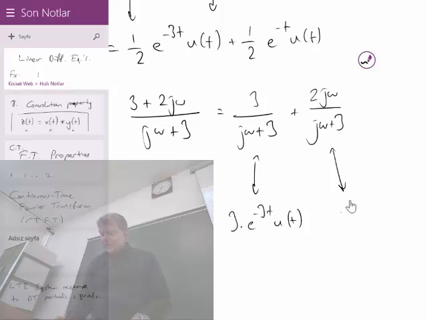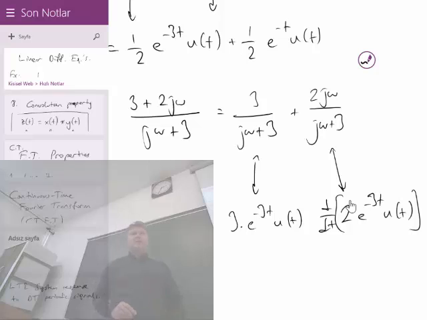It's going to be like this: 2 times e to the minus 3t u of t. And because of this j omega, you need to take the derivative. The time derivative of this thing.